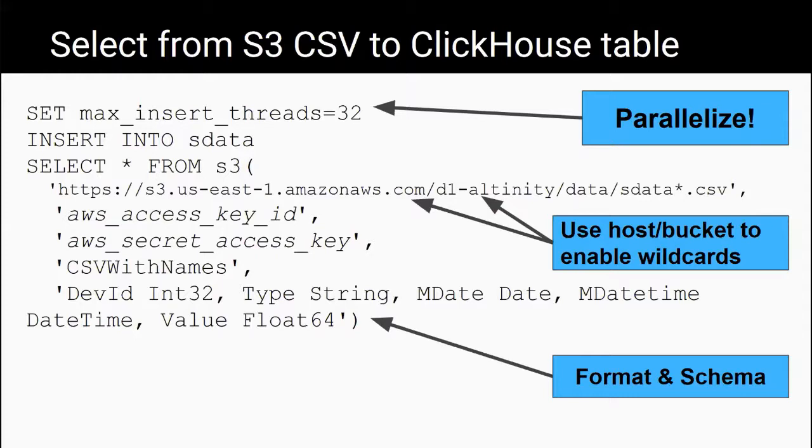You have to use this exact form of the host name followed by the bucket, otherwise wildcards won't work. You have your access key and your secret key. You have your format, which in this case is CSV with names, so CSV with columns, and then a schema definition that tells it what to do. This will go out and find every CSV file in that location with the wildcard, and it will go ahead and load it.